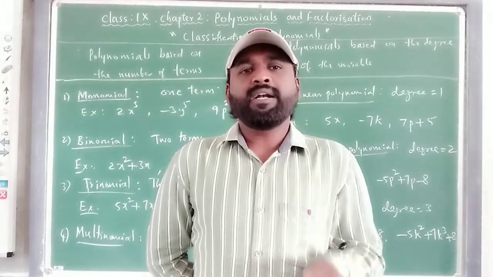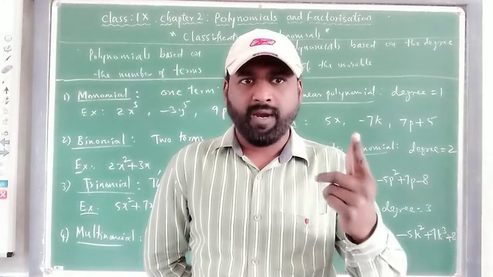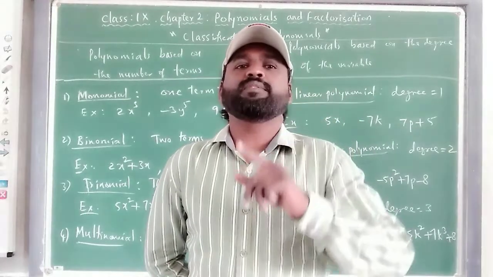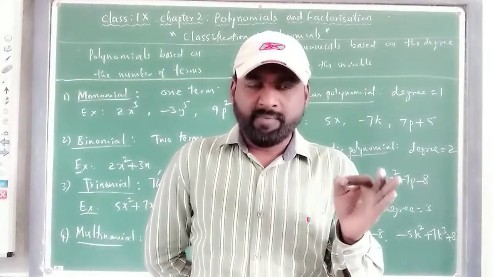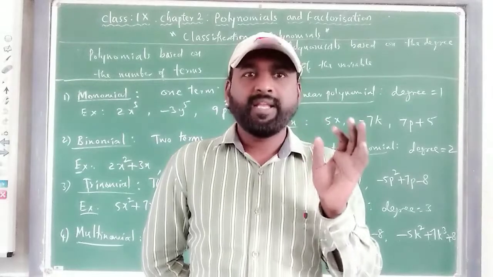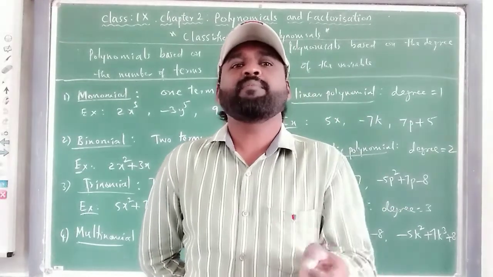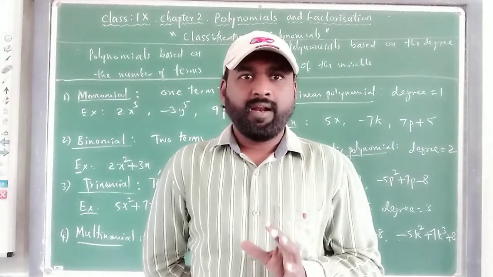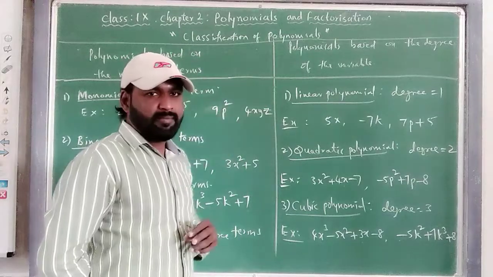For a linear polynomial, meaning degree 1, at most 2 terms will be there. If an nth degree polynomial is there, what will be the maximum number of terms? n plus 1. If the degree of a polynomial is n, the maximum number of terms will be n plus 1. Understand? I hope you all understood the classification of the polynomials.